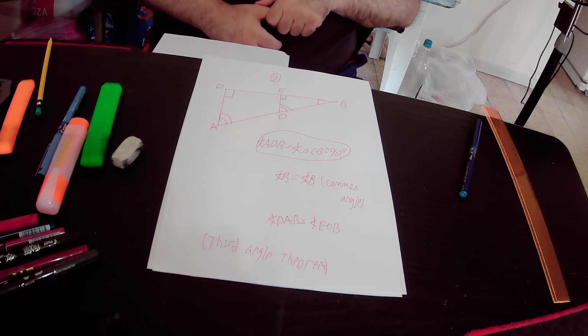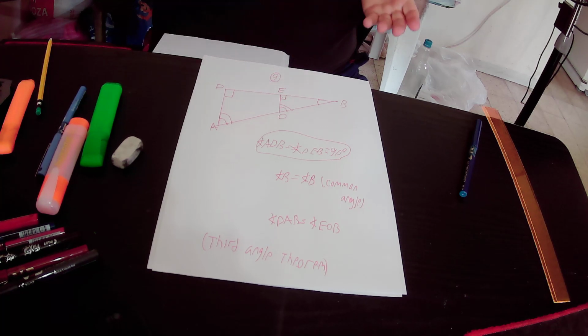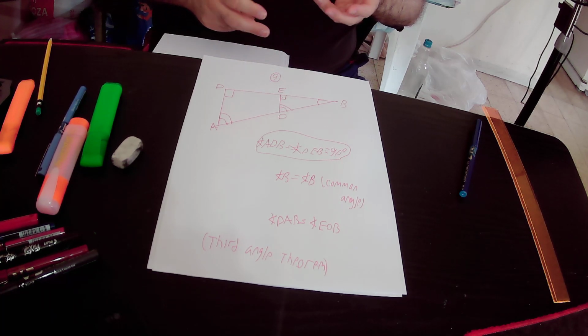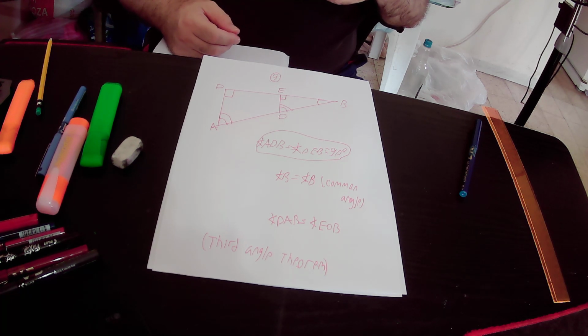So we found the two angles of the big triangle are equal to two angles of the small triangle. Therefore, the third angle that completes the sum of the angles in the triangles to 180 degrees must also be equal in both triangles.